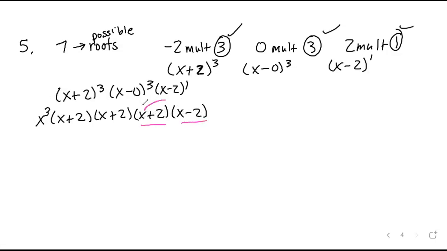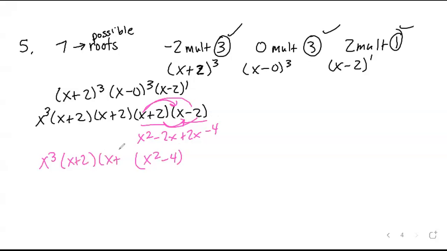So I want to start there, because that one's just going to turn into 2 terms, and it'll make my life a little bit easier. So x squared, negative 2x, positive 2x, and then negative 4. So when we reduce all that down, we just have x squared minus 4. We still have all the rest of this stuff, but at least we got that one down a little bit.